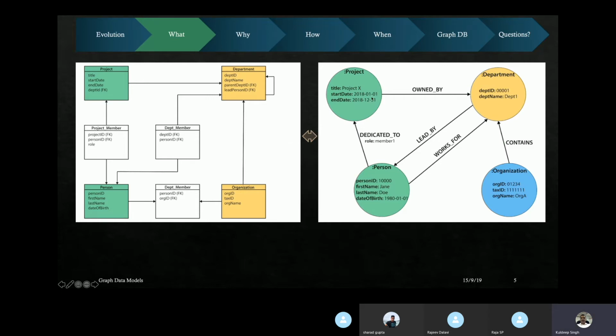I have four entities denoted as nodes: organization, department, project, and person. The directed relationships can answer all the queries in a much simpler and much faster way. And the most important point is that it is much easier to understand here than here.